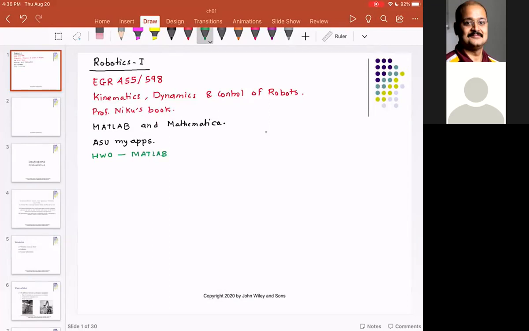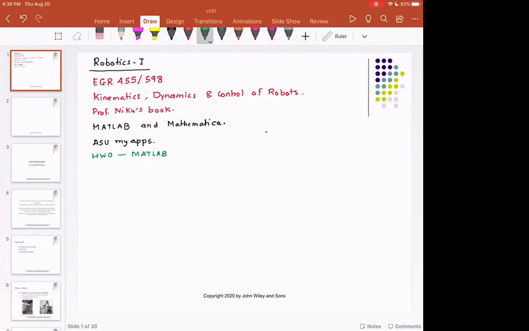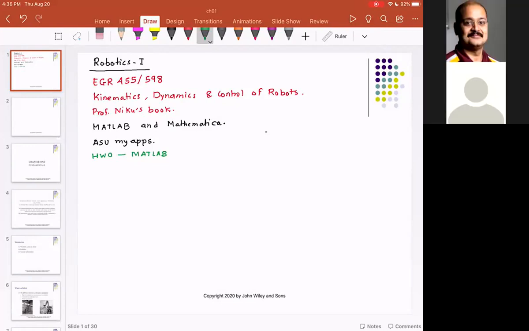I would encourage you to look at it, and it's a very simple homework. You will do some simple exercises in MATLAB, and once you are done, upload the completion certificate to Canvas. So that is the first assignment.